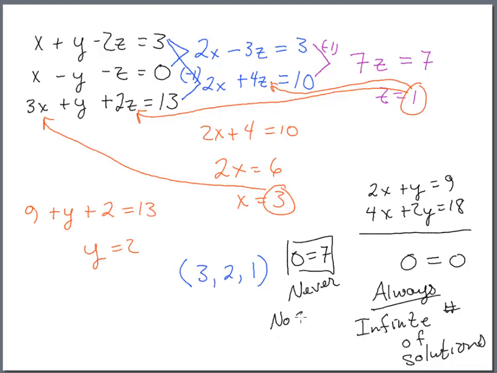Or in other words, just like we did in the previous unit, there will be no solution. So those are the two exceptional cases where you may end up with 0 equals 0 or some other always true statement, in which case you have an infinite number of solutions. And 0 equals 7 will give you no solution whatsoever.